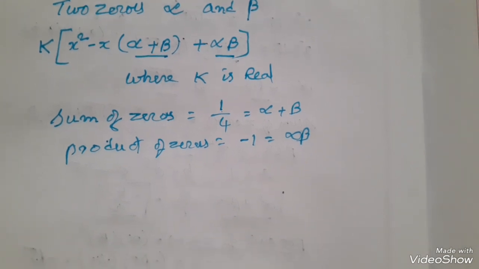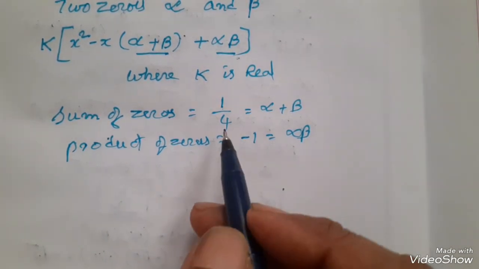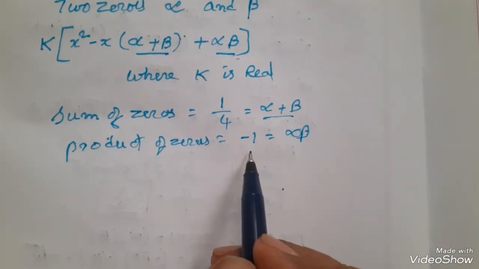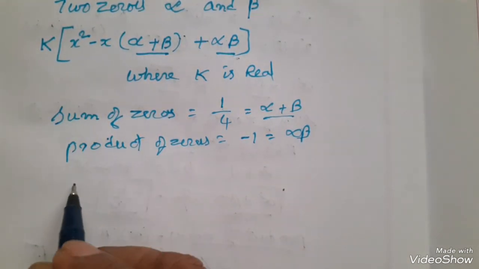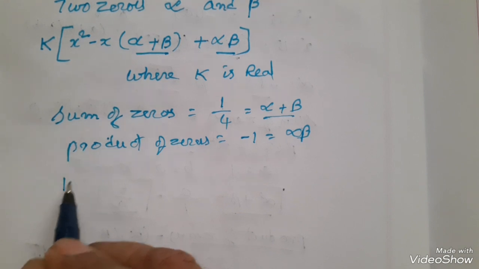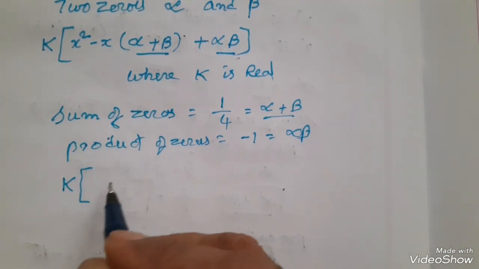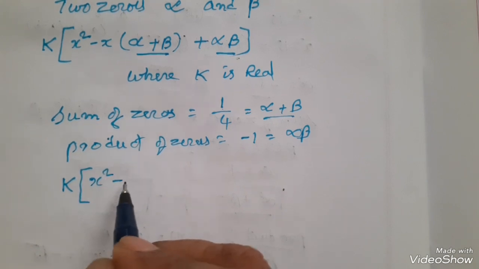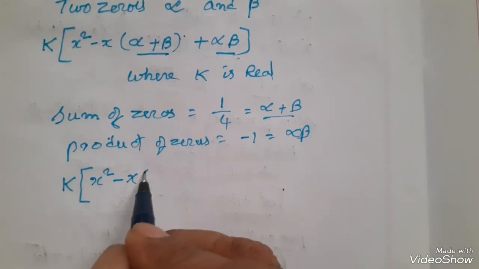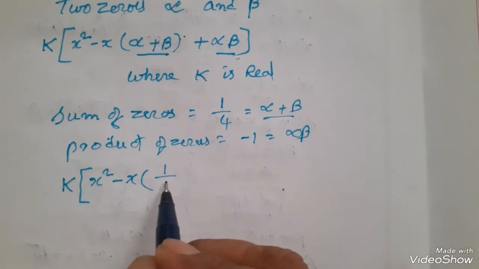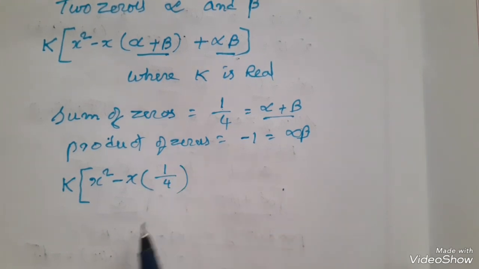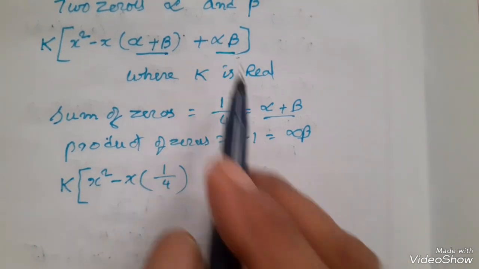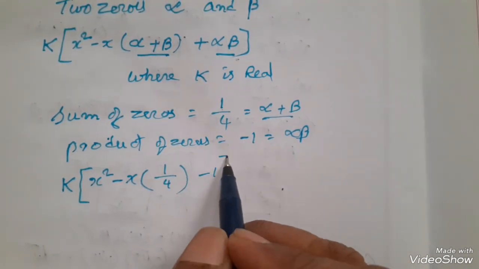Then what is the quadratic polynomial? See, substitute alpha plus beta as 1 by 4 and alpha beta as minus 1. Then the quadratic polynomial is k into x square minus x into 1 by 4, alpha plus beta, plus alpha beta, minus 1.